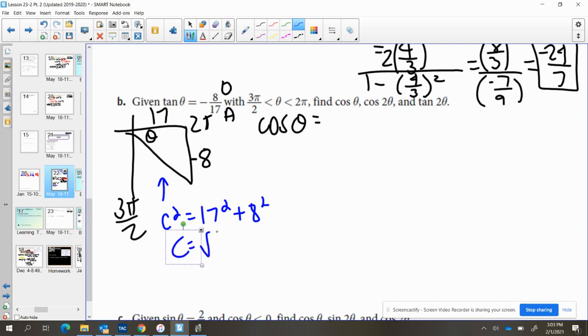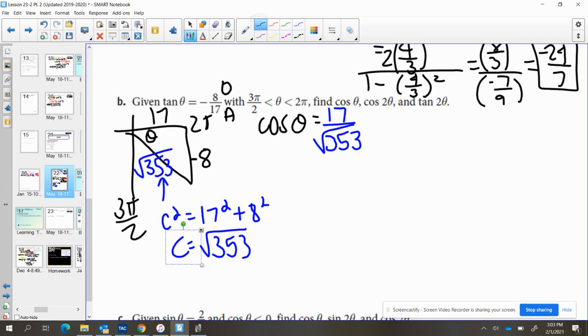So c is going to be the square root of 353. So again, kind of an ugly hypotenuse value here, which means our cosine is 17 divided by that. Or if you rationalize, 17 square root of 353 over 353.